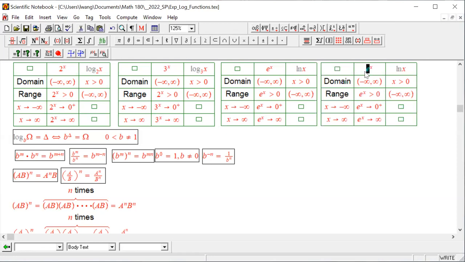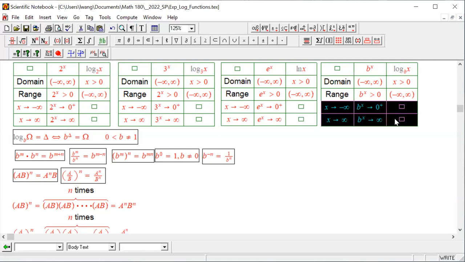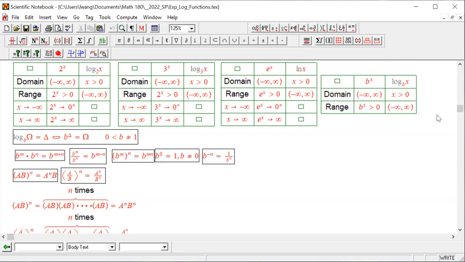If we were base b, log base b, this may be questionable, and this may be questionable. So I'm going to remove these because depending on the base, we haven't talked about the base that's less than 1 and greater than 0 yet.